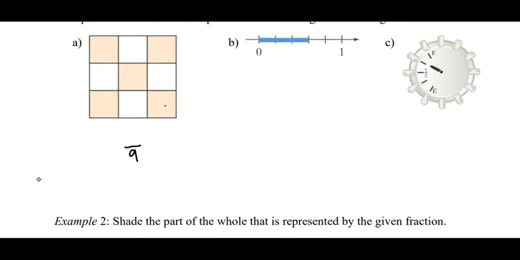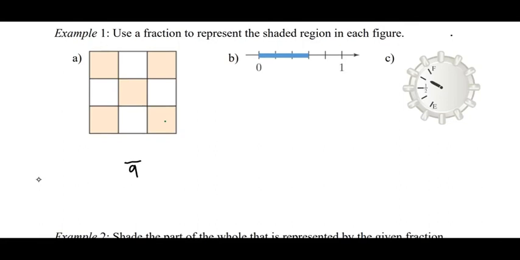Then we only need to use the shaded region of each figure. So we have shaded 1, 2, 3, 4, 5 out of 9 little squares. So this fraction is 5 over 9. Okay, moving on to part B. Here we have the space between 0 and 1.